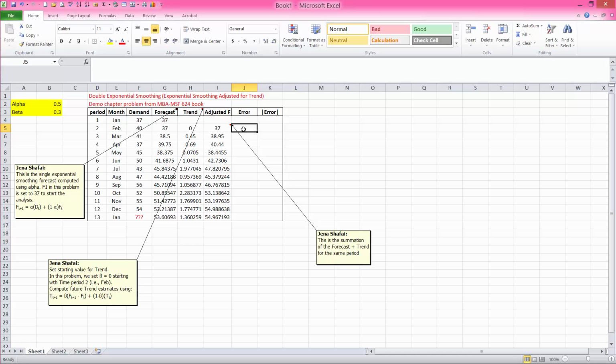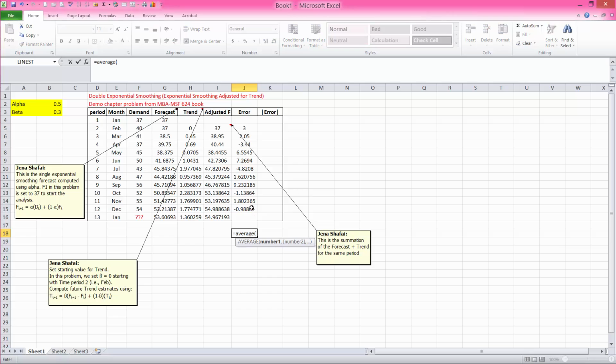We're not going to include that first month because no calculation was there. For error, we compute actual minus the forecast, the adjusted forecast, which is the final forecast. Not this one, because we don't have an actual for it. So these are the error factors, and of course if I average those, this is going to be bias.